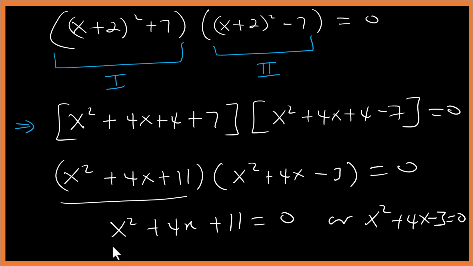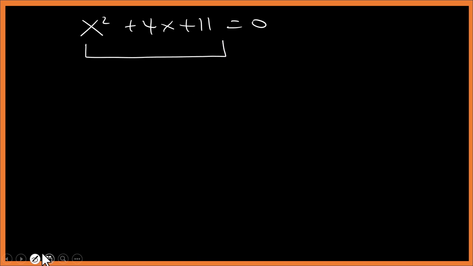All right, so let's start from here. x squared plus 4x plus 11 is equal to 0. So let's compare this one with the general quadratic equation, ax squared plus bx plus c.